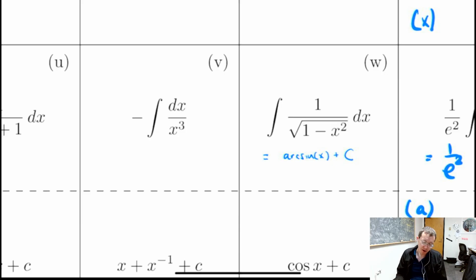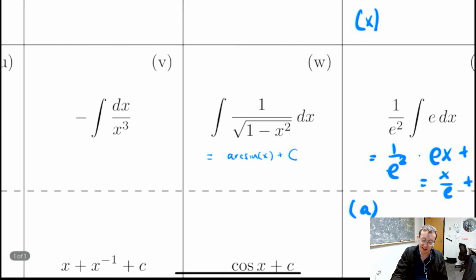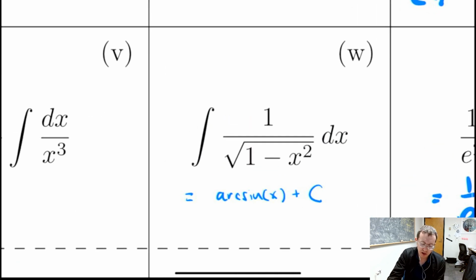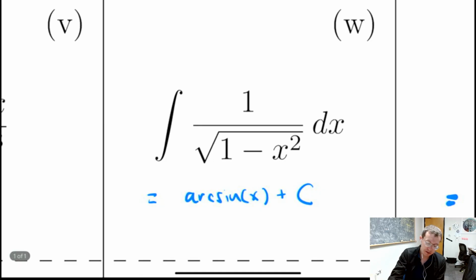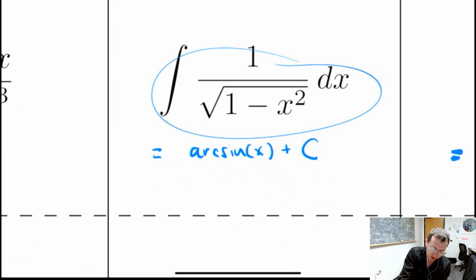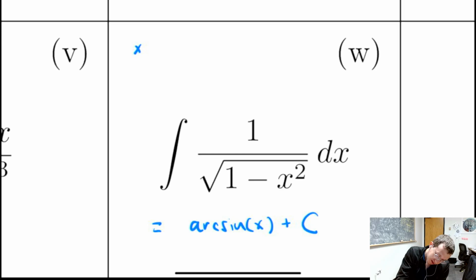I should also point out, if you move on to Calc 2, you will learn another method to integrate this, although certainly the easiest way to integrate it is just to recognize what the answer is. But if you're curious, there's a method that you'll apply to more complicated integrals, but this is sort of the simplest one that it would apply to. You'll make a substitution. You'll say x equals sine of theta, or cosine of theta.